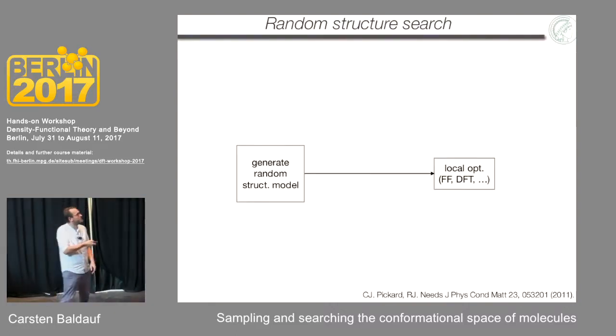It's a fairly simple algorithm, as you can see here. We generate a random model, and then we perform a local optimization with our preferred potential.